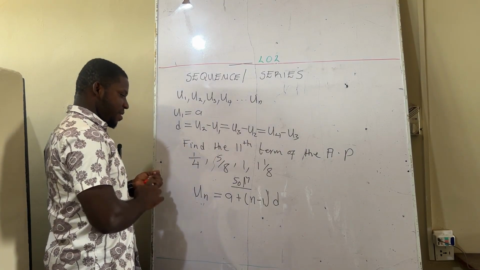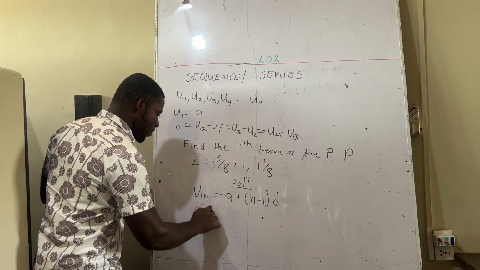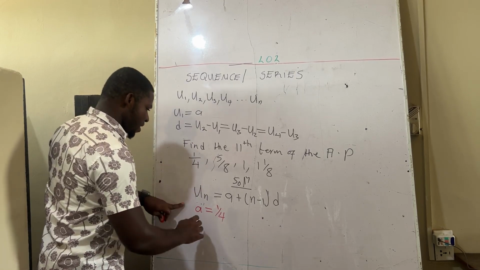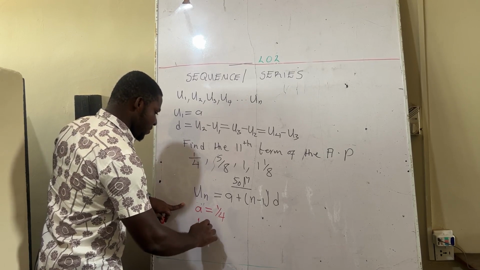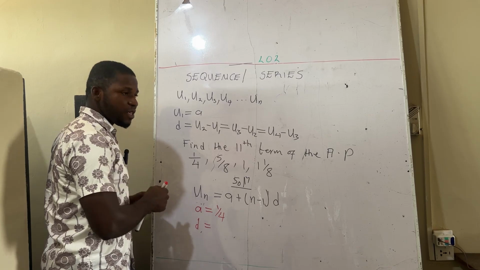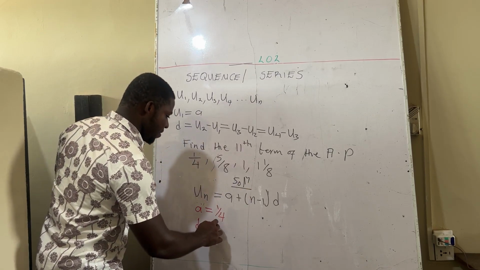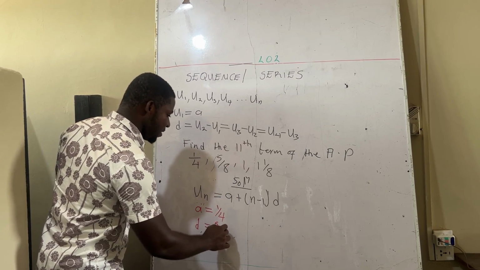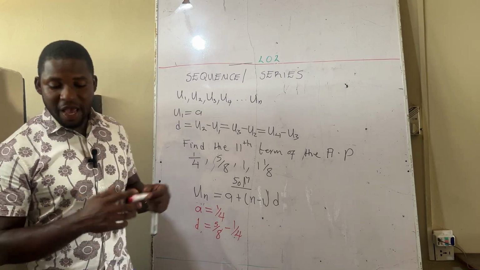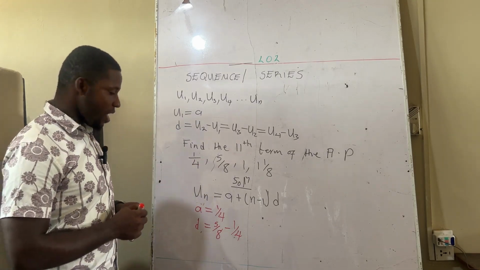When you look at this sequence, a is always the first term, so a is equal to 1 on 4. Then let's look at the common difference. The common difference is the second term minus the first term, or the third term minus the second term. So we have 5 on 8 minus 1 on 4, and you get 3 on 8.